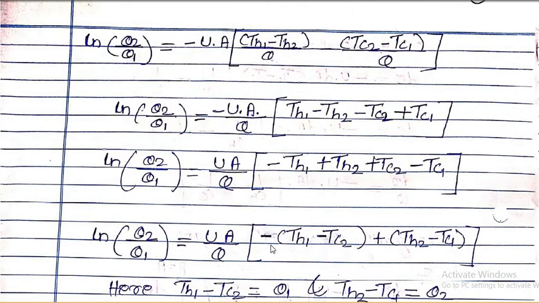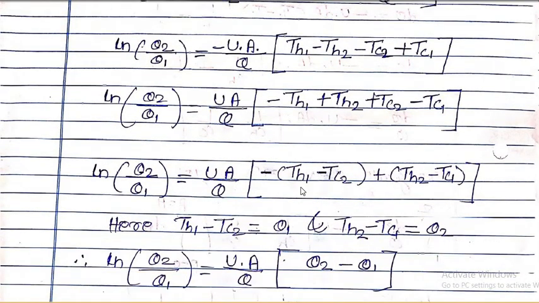So in this particular equation we have taken Th1 and Tc2 in one bracket. So minus Th1 plus Tc2 we have taken in one bracket, and from that bracket the negative sign we have taken common. So minus into bracket Th1 minus Tc2, plus the other side temperature conditions we have taken in one bracket, so plus into bracket Th2 minus Tc1.